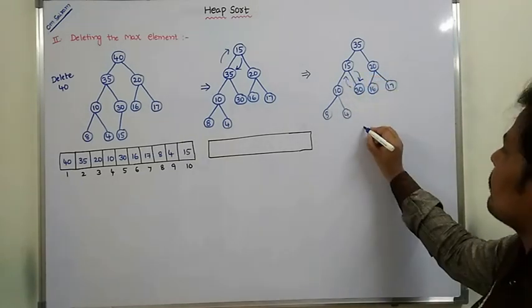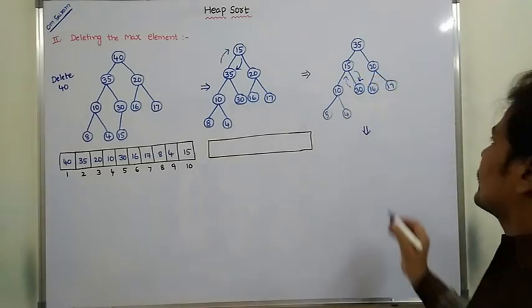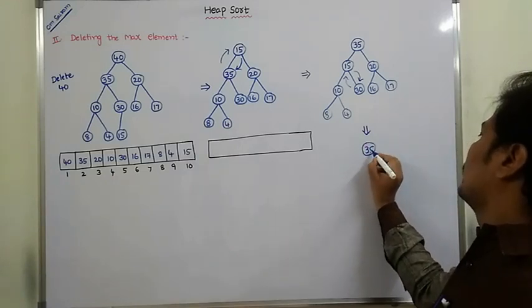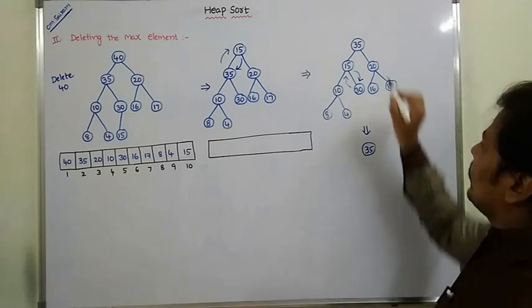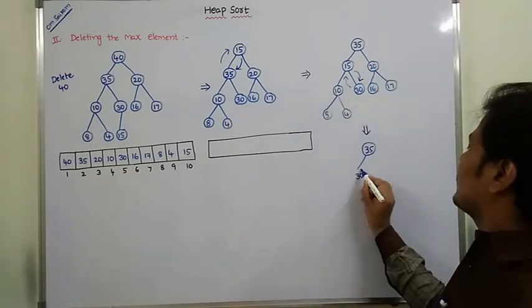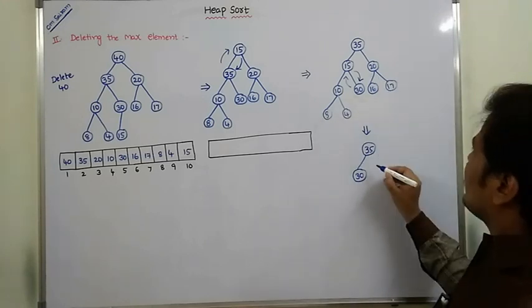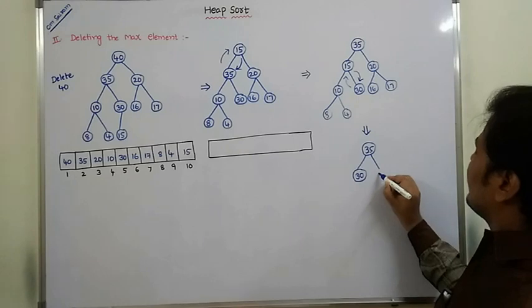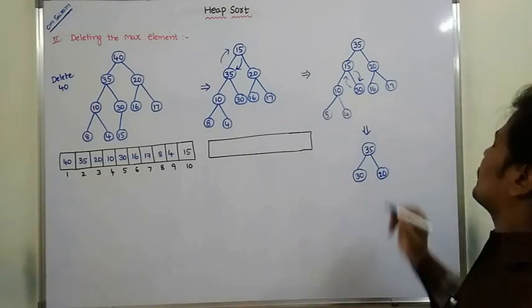Okay. After swapping, 35 is the root node. Its left child after swapping is 30 and right child is 20.